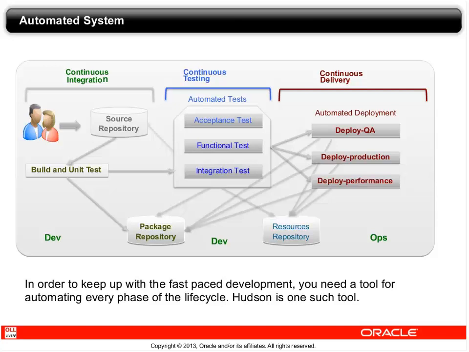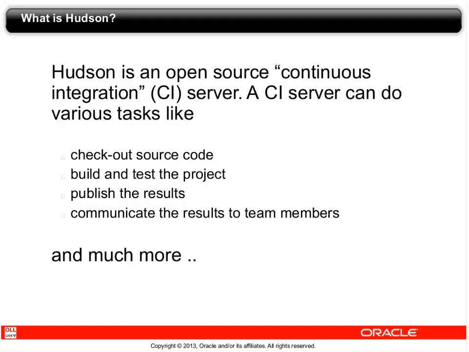Okay. So what is Hudson? Hudson is an open source continuous integration server. It is developed at the Eclipse Foundation. It is fully open source and fully free, and anyone can participate in the development of this product. Hudson can do several things. It can check out source code, build and test the project, and publish and communicate the results.